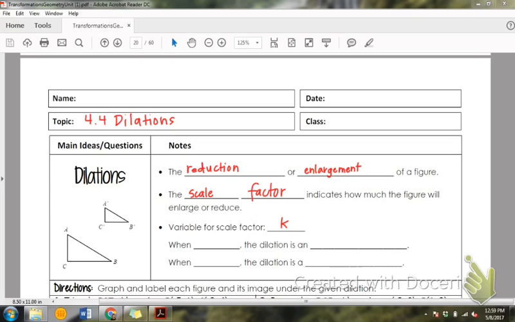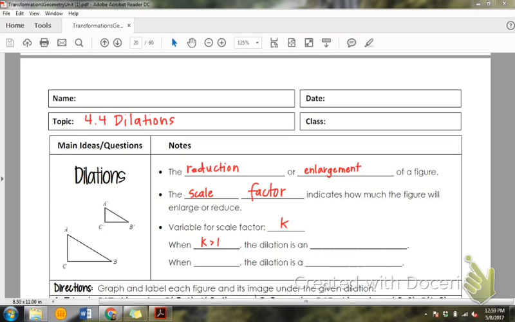When K is greater than 1, the dilation is going to be what? Do you think it's going to be an enlargement or a reduction? Okay, it is an enlargement. My English people, what gave that away there, if that was a blank? Well, I mean, that's the math.